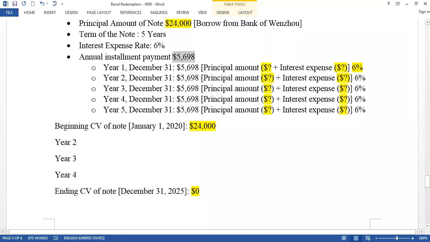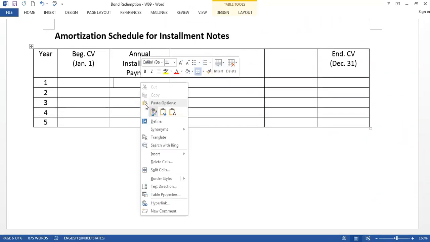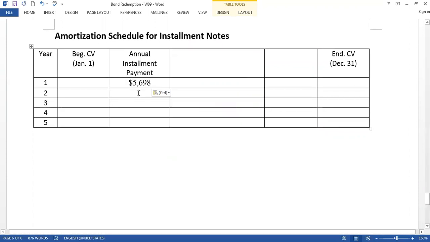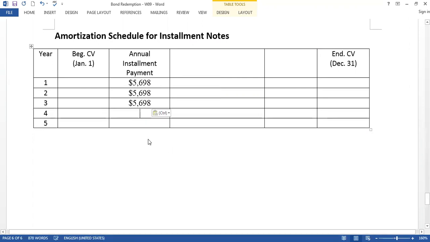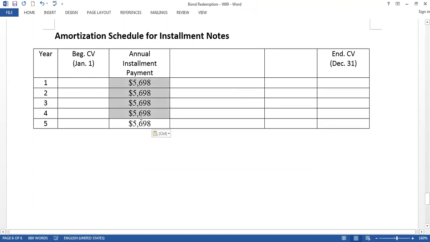The question said that the annual installment payment for 5 years is this amount. We cannot change this amount, because the question said that every year you are going to pay $5,698, right?